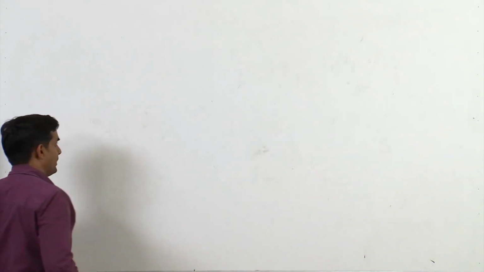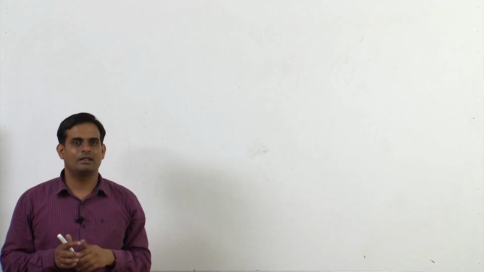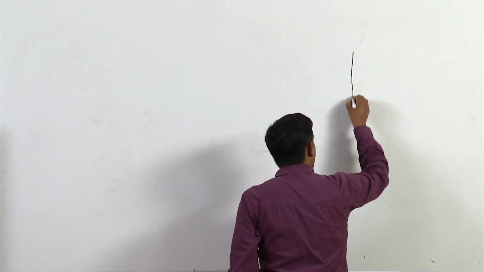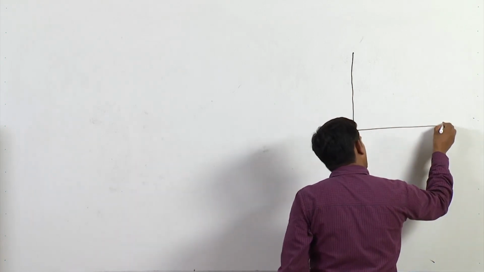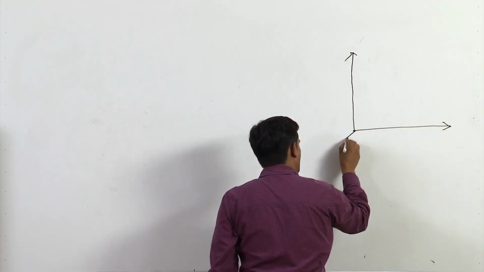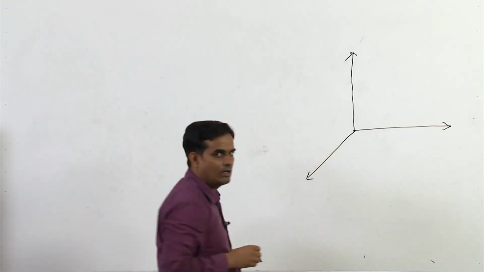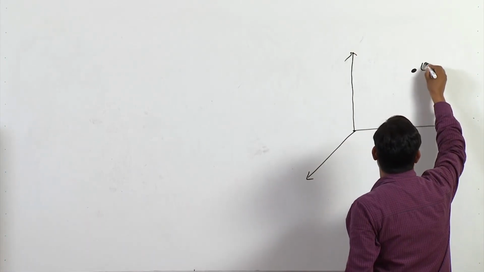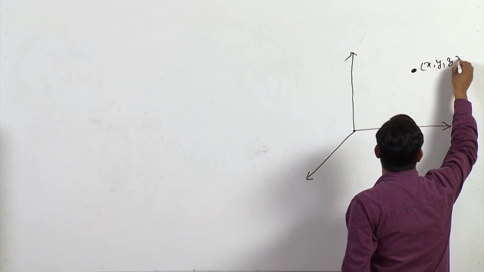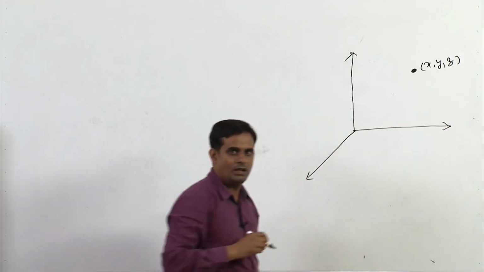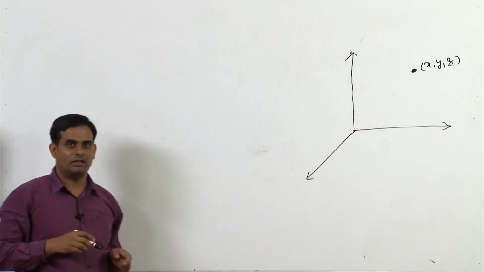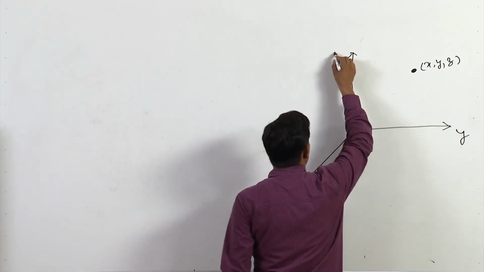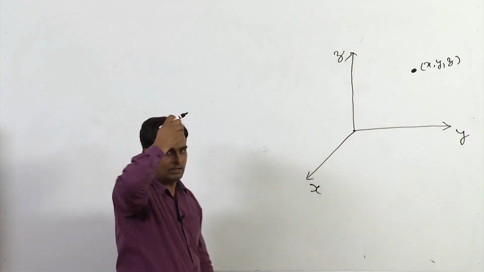Now take one more example, and that is in spherical coordinates. As you know, if I have an x, y, z coordinate system and I have a point here, x y z, and I want to represent this point. So this is, let us say, my x axis, y axis and z axis.